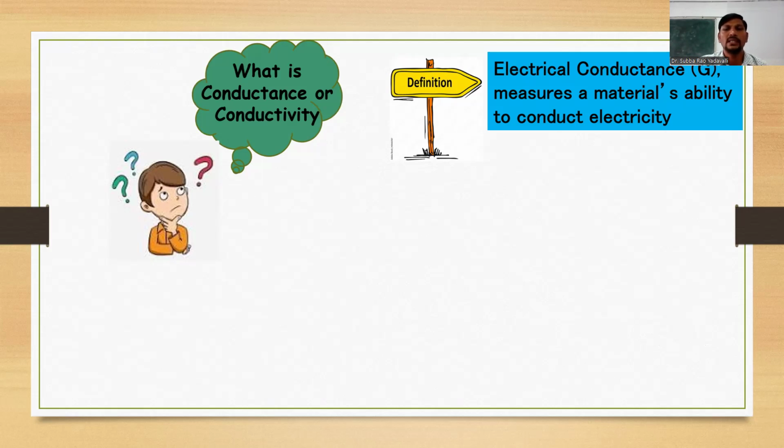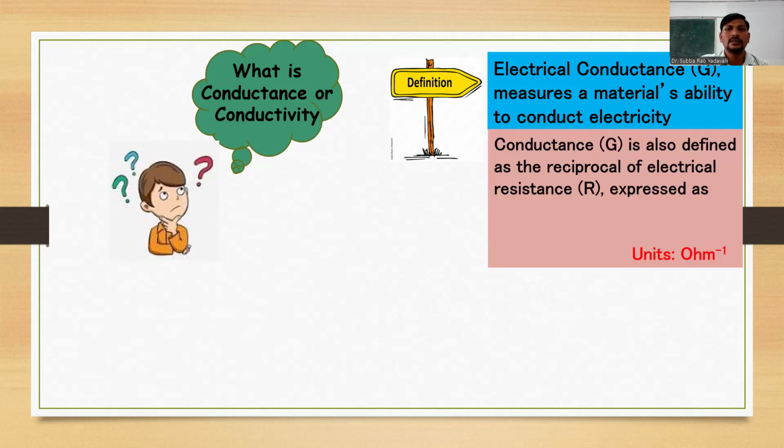It is represented by the capital letter G, and it is defined as the reciprocal of the resistance of the material. That means G equals 1 by R. The unit for conductivity is ohm inverse.